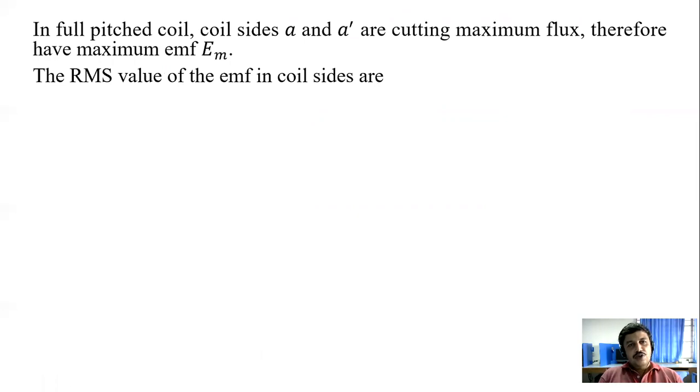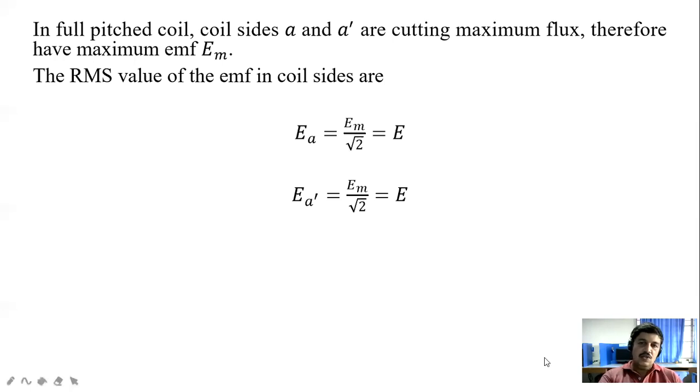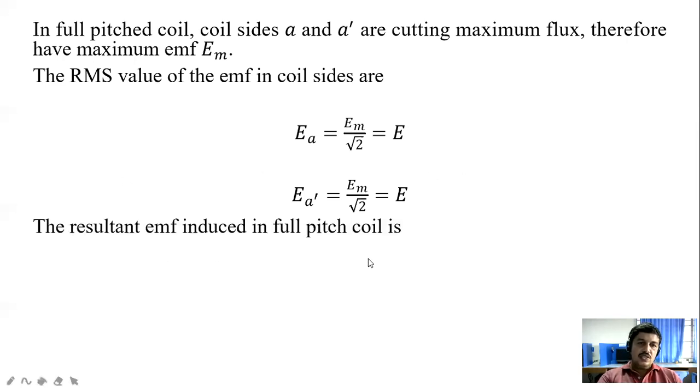The RMS value of EA, the EMF induced in coil side A, has maximum value EM, so its corresponding RMS value is EM by root 2, which is equal to E. Similarly, as coil side A dash lies under maximum flux density, the EMF induced in it is also maximum, and its RMS value EA dash is equal to EM by root 2, which is equal to E. These two coil sides are connected in series to form the coil A A dash.